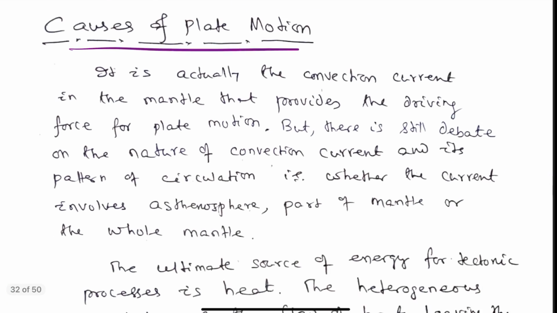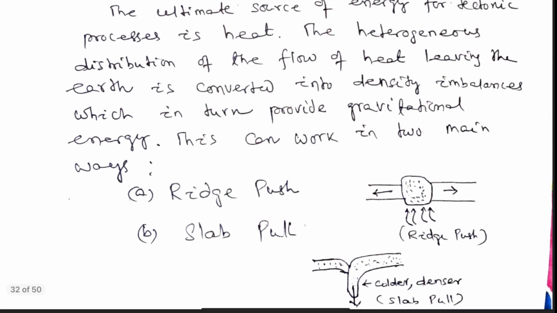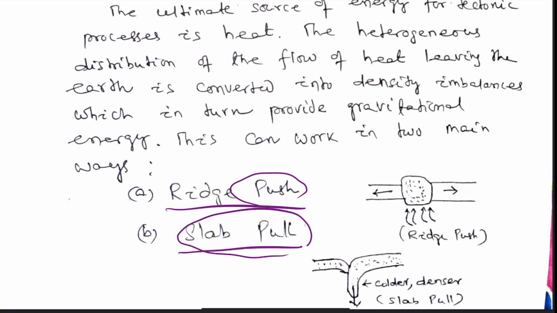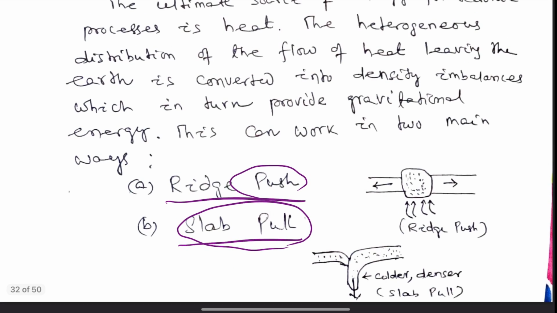We know that convection current is the main mechanism that accounts for the plate motion, and this convection current causes the ridges to push, and because of thickening of the oceanic plate towards the trench, there occurs slab pull, as a result of which new crust is created at the ridge. It is being consumed at the convergent boundary with the oceanic plate or continental plate.